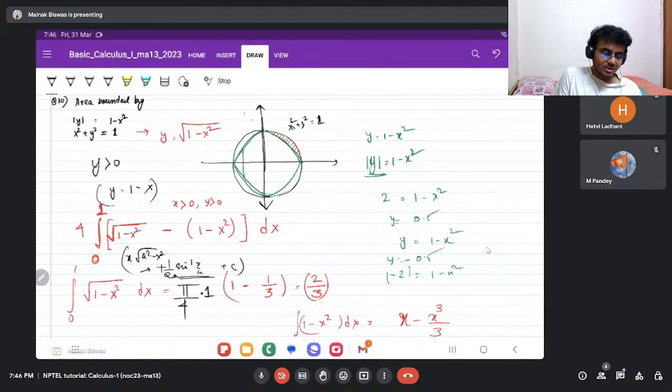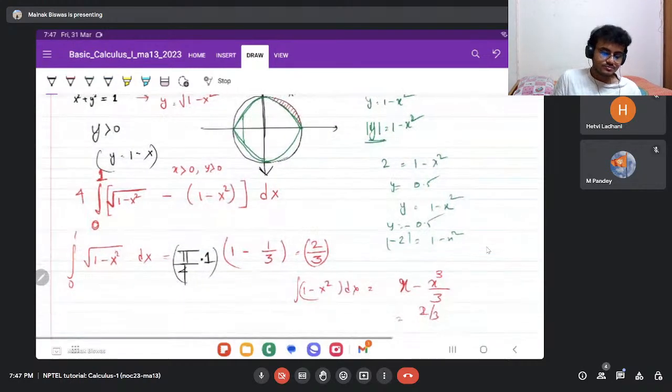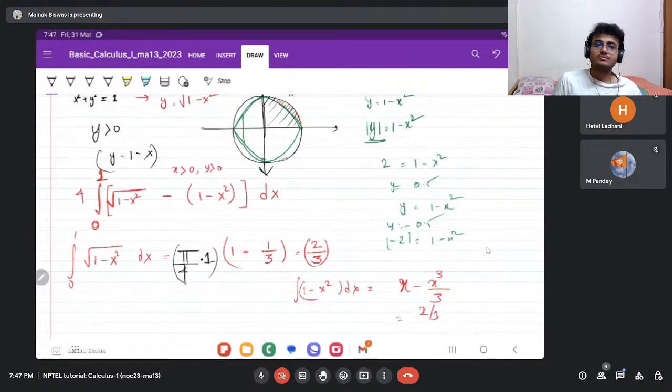So this becomes sine inverse, pi by 2, something like this. I'll just have a look, because it's not worth doing now. So you see, this is pi by 4, right? So the area of a circle. Agreed? This is an area of a circle.